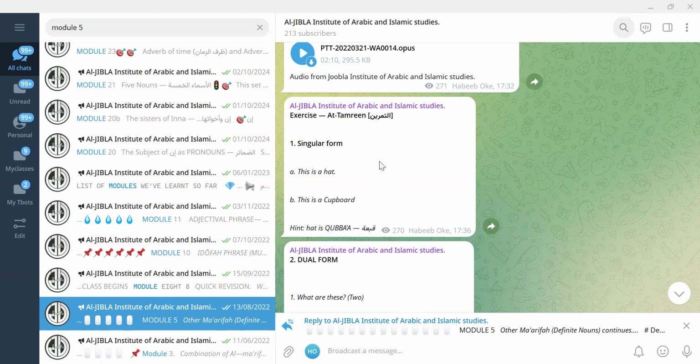Is it qubbatun? I think it has a tanween. Yeah, قبعة. The ba has a shadda, so we say قبعة. Or we simply say قبعة, the way we just drop the ta and change it to a sakin. قبعة. Okay, yes. هذه قبعة.